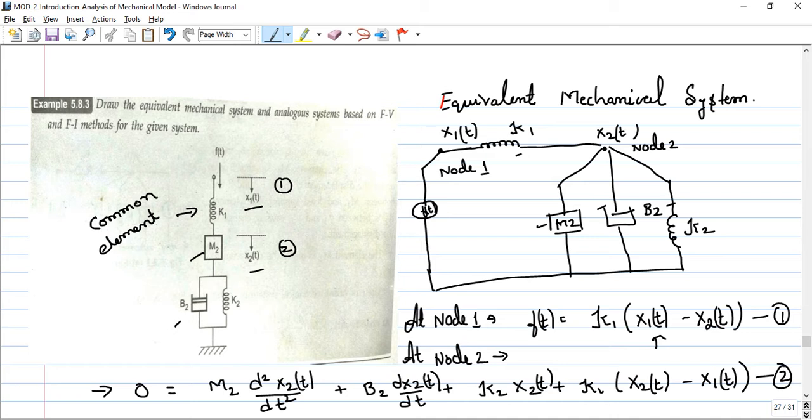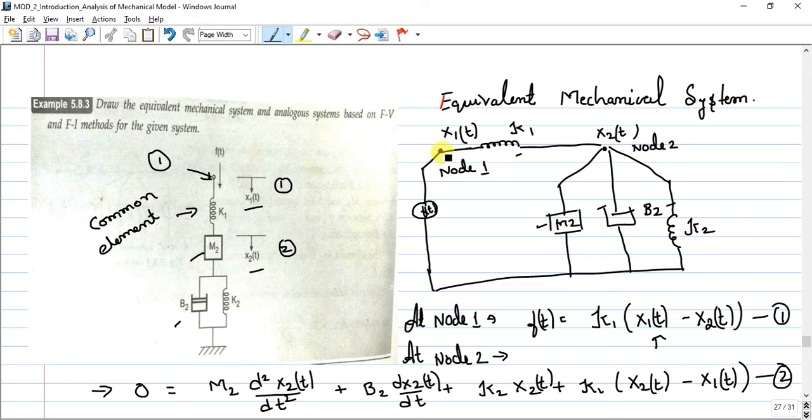I hope it is clear. We have only two displacements, represented by node 1 and node 2. At node 1, f of t is acting, and the same has been represented, whereas at node 2 no more force is acting, so at the LHS it will be 0, and we have 1, 2, 3 elements purely undergoing x2 of t, and we have one more element k1 which will be undergoing both x1 as well as x2.